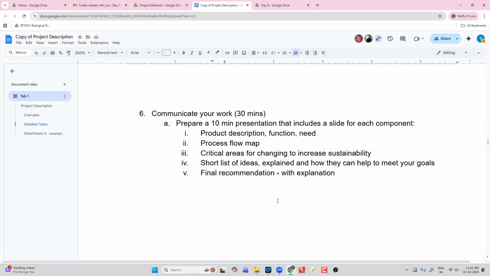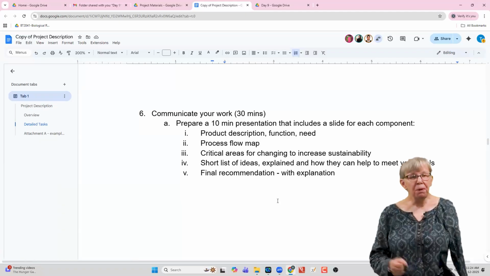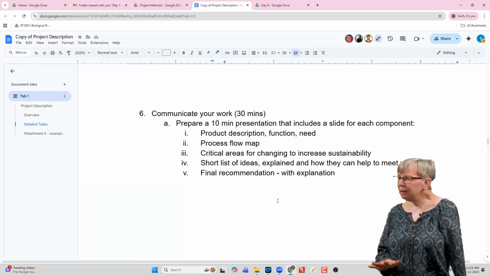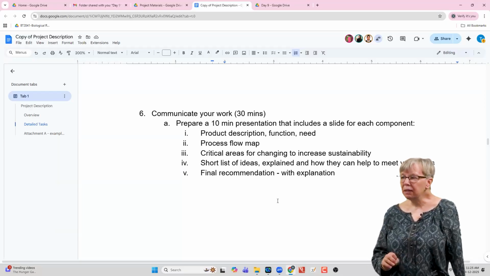It says 30 minutes. You don't really need to worry about that. But the goal is tomorrow morning, might give you a little bit of time to wrap up and regroup, that each group, so how many groups do we have? 6, okay.